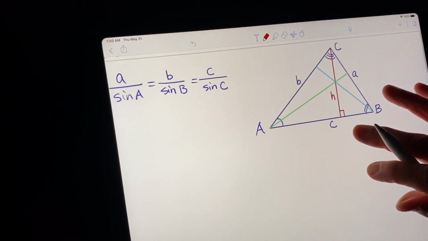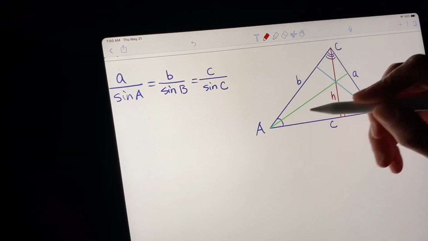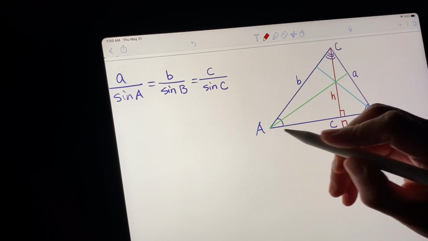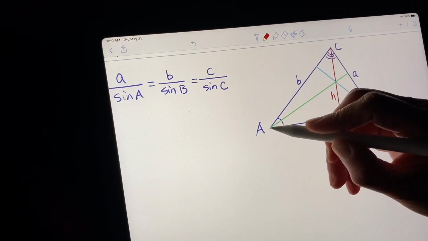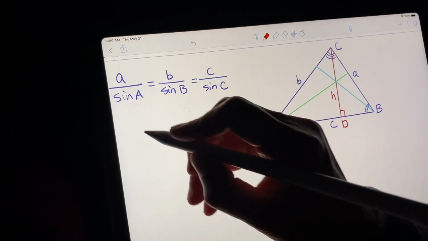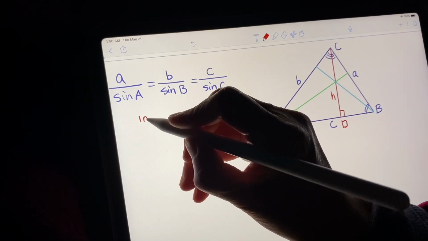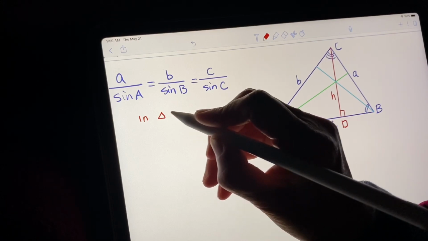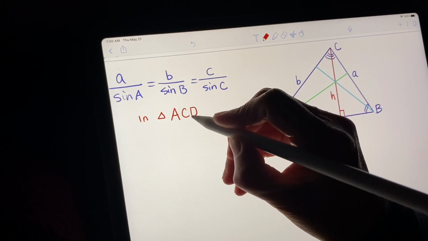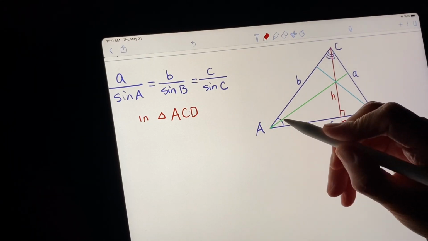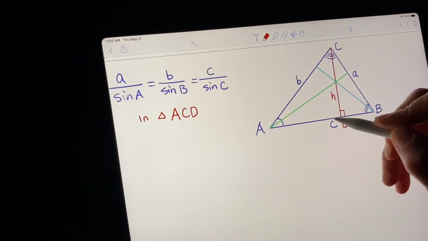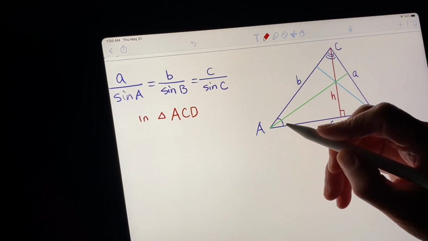So in triangle ACD, let's figure out the sine.